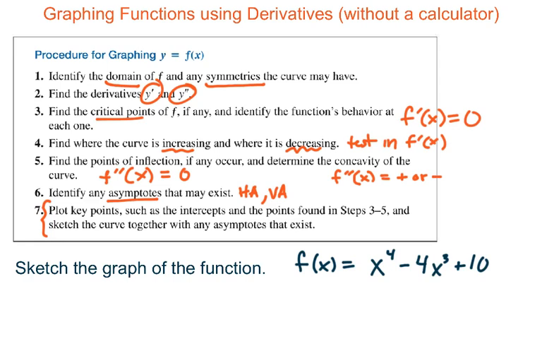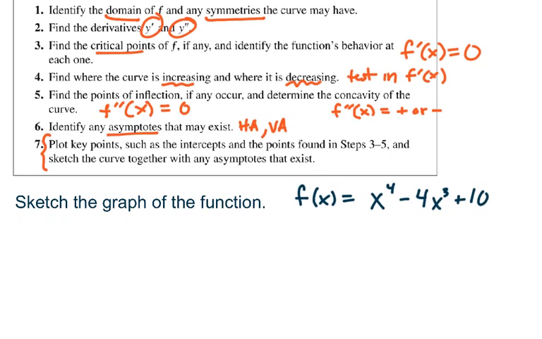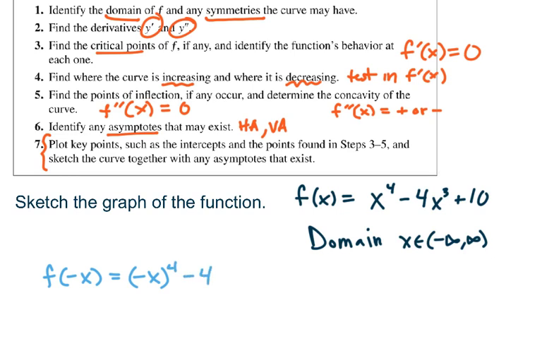The first thing we would do would be to identify the domain. And because this is a polynomial, it's a quartic polynomial, for my domain, I know that x is from negative to positive infinity. There are no symmetries here, not as important, but f of negative x equals negative x to the fourth minus 4 times negative x cubed plus 10 would simplify to x to the fourth plus 4x cubed plus 10.